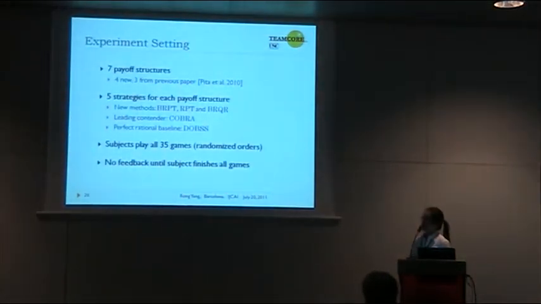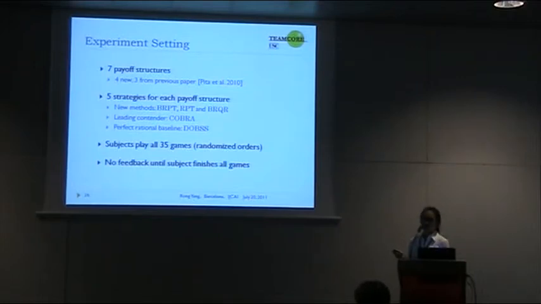So we tested over 7 different payoff structures, including 3 from the previous work. And for each payoff structure, we computed the defender strategy using the following 5 different methods. PRBT and RPT are the 2 algorithms we developed based on prospect theory, and BRQR is the one based on the QRE model.